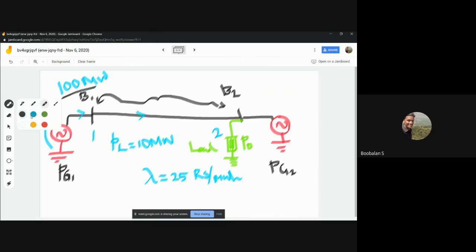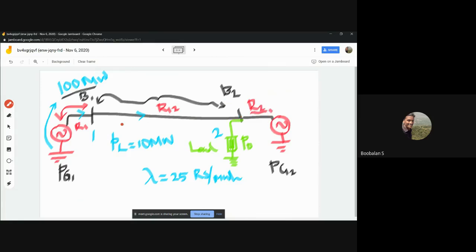Now I'm going to note it in the form of resistance, right? So this is bus number 1. I'm going to call the resistance of this particular portion R1, and from bus number 1 to 2, the resistance value will be R12. I'm going to note it in a different form, and we'll have bus number 2. The resistance value should be R2 now, right?